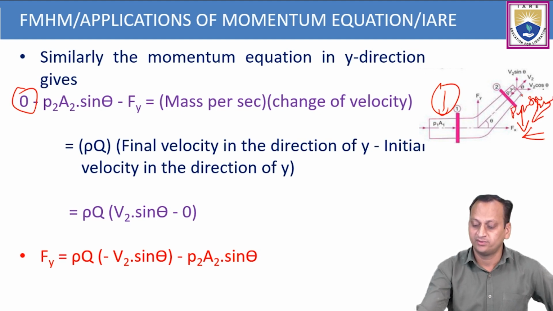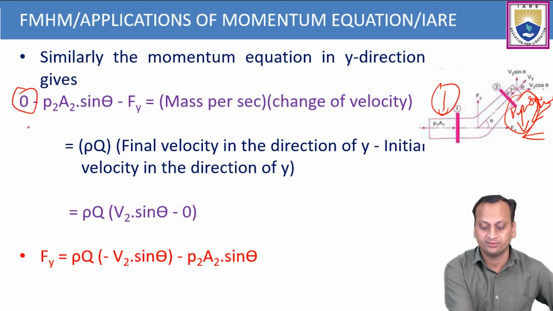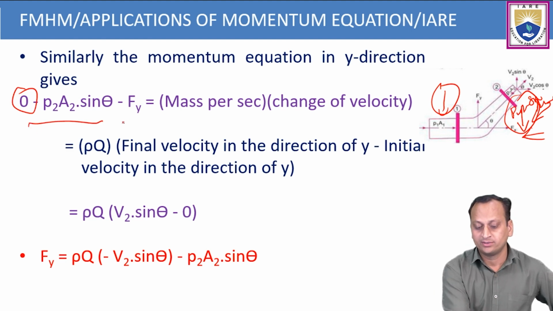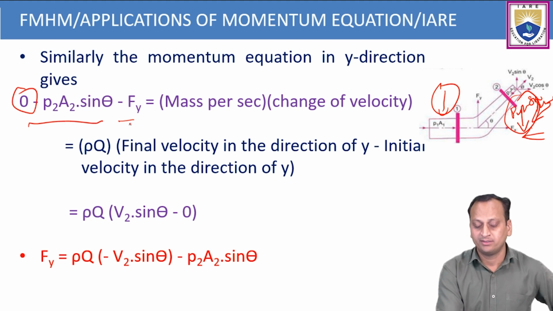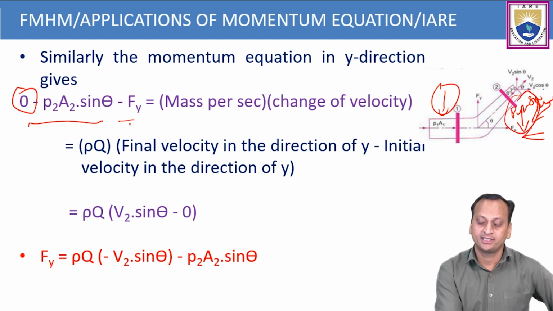P2A2 sin theta in the vertically downward direction, therefore negative: minus Fy. This is the force exerted by the bend on the liquid. The force exerted by the liquid on the bend is Fy, positive.